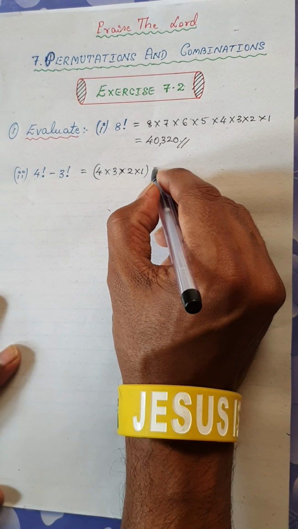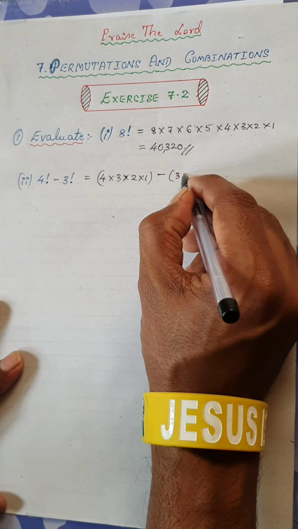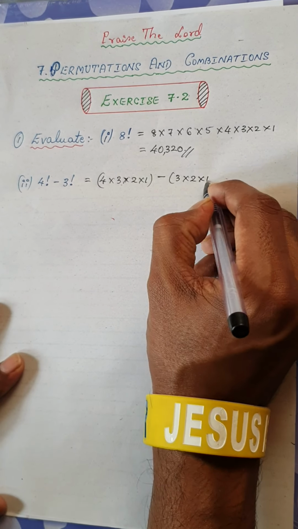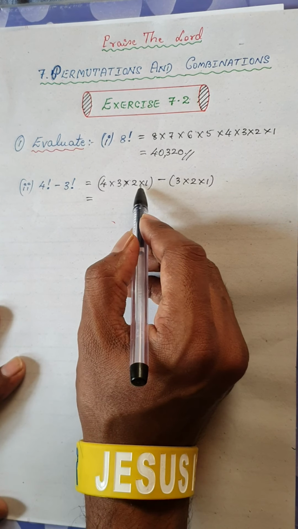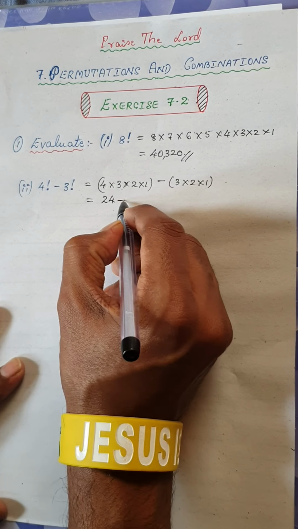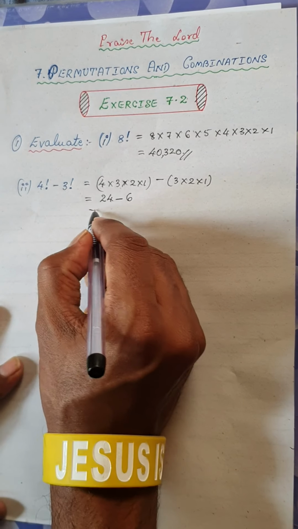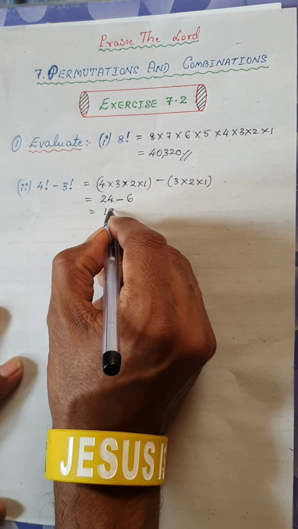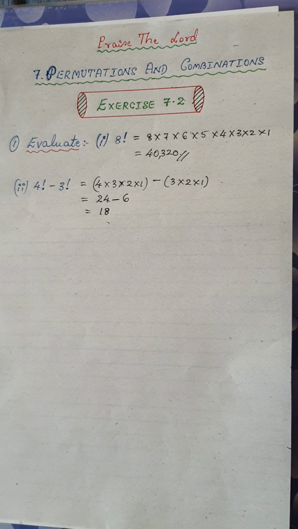So this will be 4 factorial minus 3 factorial. What is 3 factorial? It is 3 into 2 into 1. If you multiply, 3 2s are 6, 6 4s are 24. Then 24 minus 6. So this value is nothing but 18. So 4 factorial minus 3 factorial is nothing but 18.